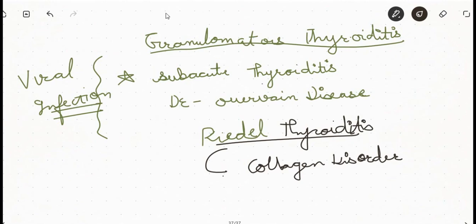It is associated with mediastinal fibrosis, retroperitoneal fibrosis, involvement of trachea, esophagus, internal jugular vein, results in dysphagia and dyspnea. So treatment with thyroxine may be necessary to treat hypothyroidism.